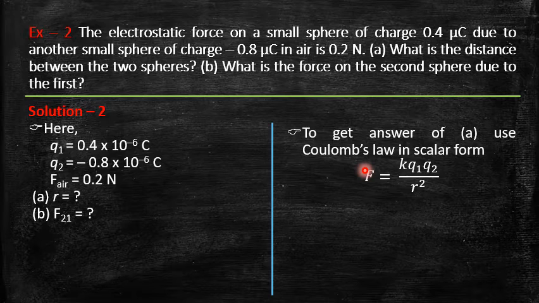So whatever is the answer of F here, it is force experienced by 1 as well as that by 2. So we can say that F12 is equal to F21 is equal to F. And be careful, here we are talking only about magnitude of the force, we are not talking about the direction.